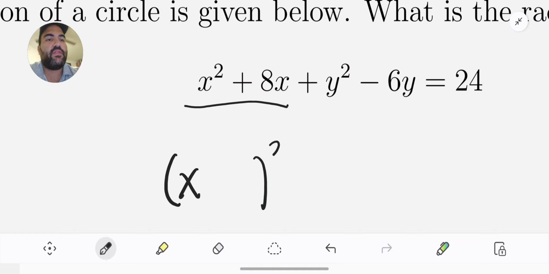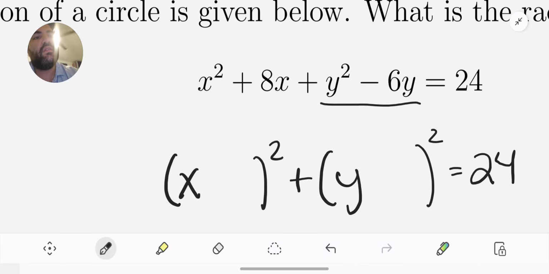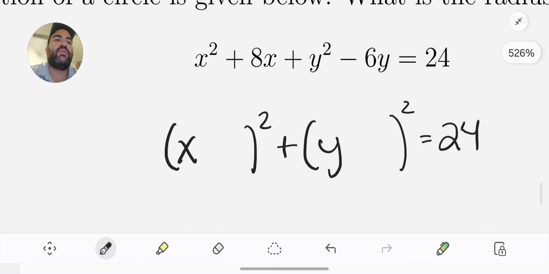You just automatically write this. There's a way to do this that's more like why. The way I do it is just more like, hey, just do this and get the answer. That's what I'm trying to do here. So when you see this, you just automatically do that. It's going to be the same thing. You just write all that.